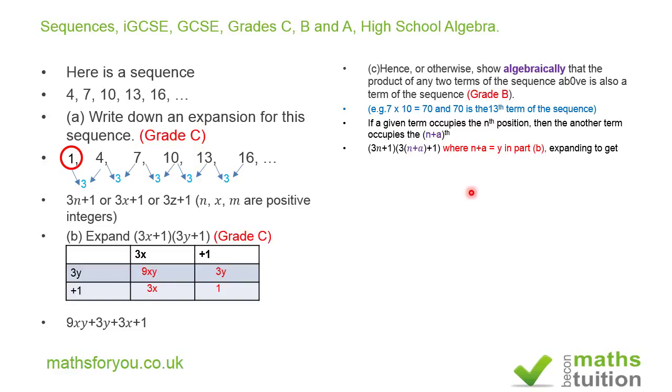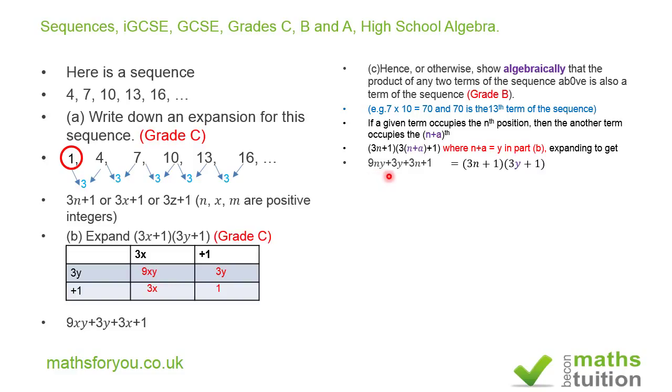If we now replace n plus a with y, we shall expand to give us 9ny plus 3y plus 3n plus 1, which is similar to what we got in part B, except that we now have n instead of x.